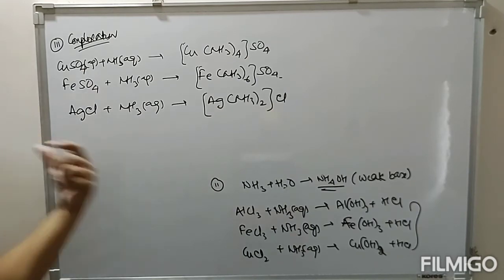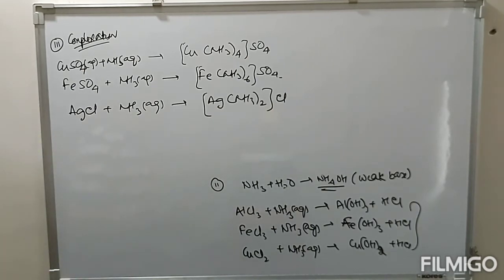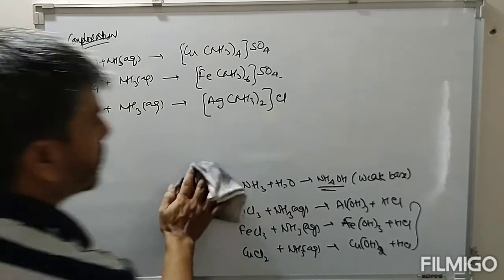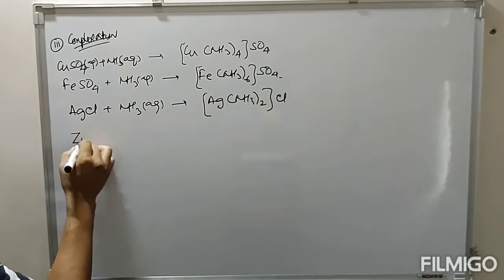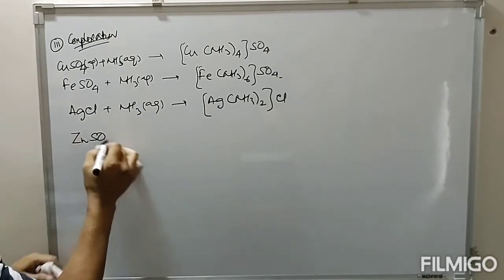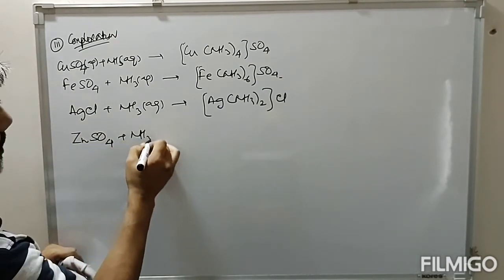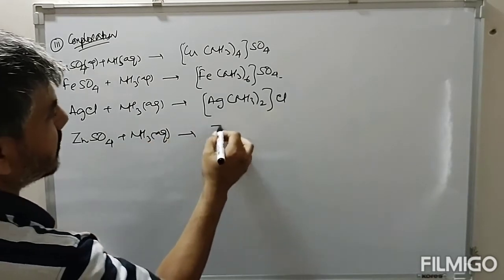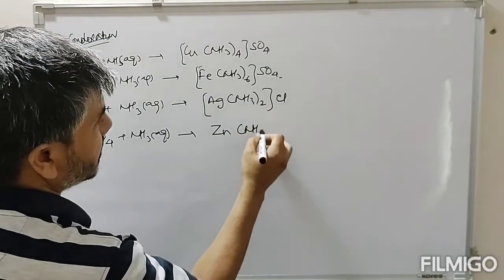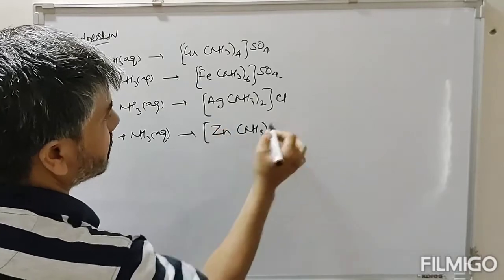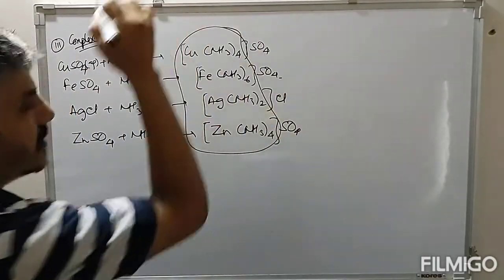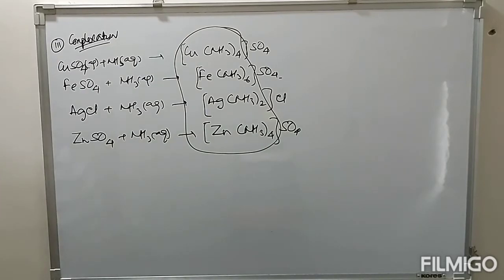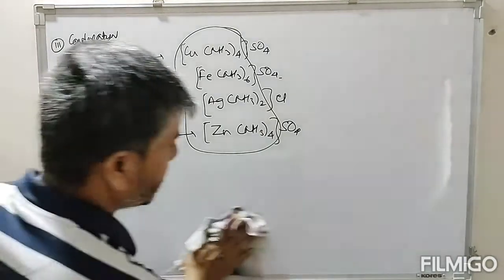So ammonia can be used for hydrolysis as well as for complexation reactions. Zinc sulfate reacts with excess ammonia to give tetraamminezinc sulfate. All these are known as complexes. So these are the complexation reactions of ammonia.